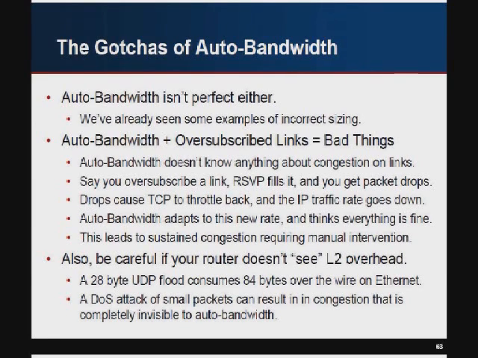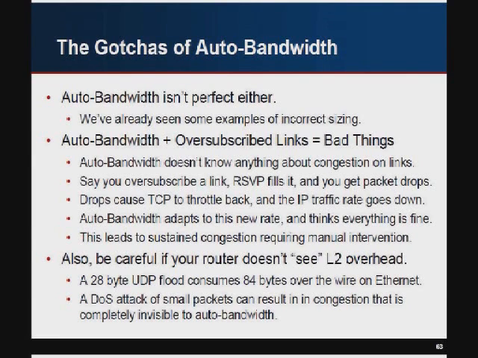The IP rate of the traffic is going to go down, and now auto bandwidth is going to adapt to this new rate. So you might get into a situation where auto bandwidth continues to overpack LSPs onto a link, and the only way to fix it is to go in manually, figure out what's happening, and boot some of the LSPs off. It can be a pain.